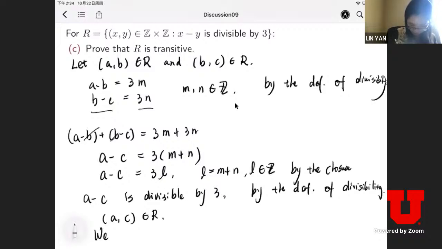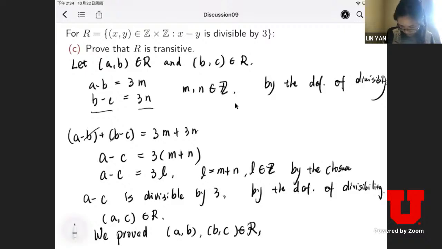So we proved if (a,b) and (b,c) are in R, then (a,c) is in R. So this relation is transitive.